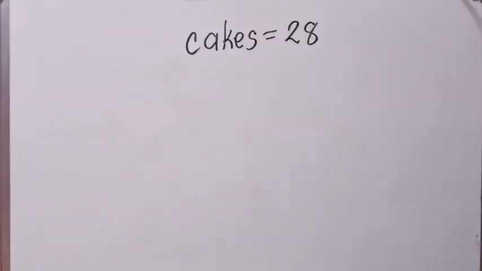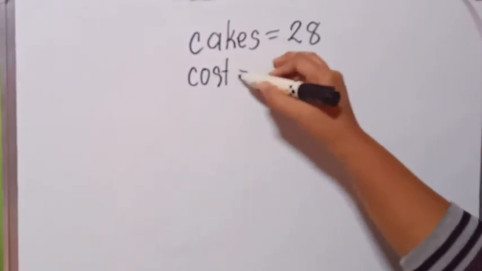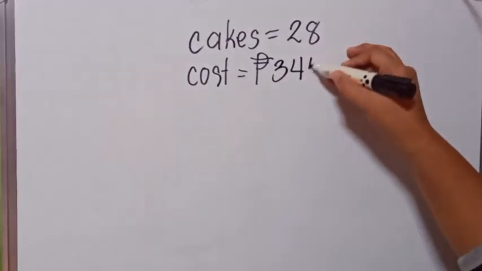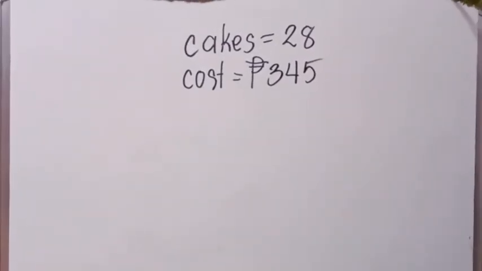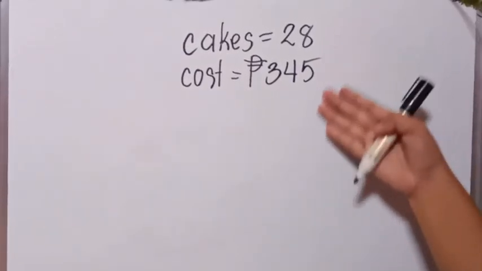And the cost of each cake is equivalent to 345. And able for us to get the total amount that she earned, we need to multiply our numbers.